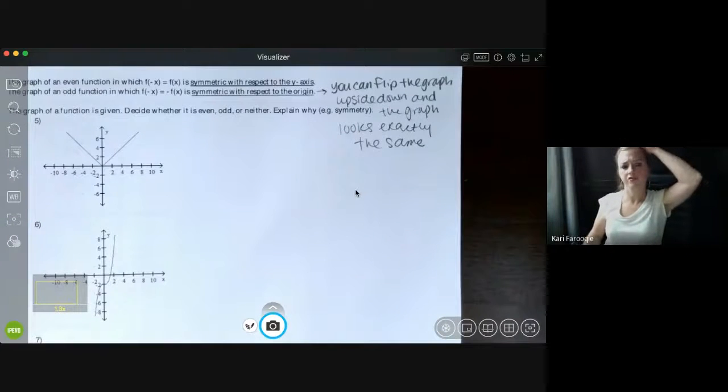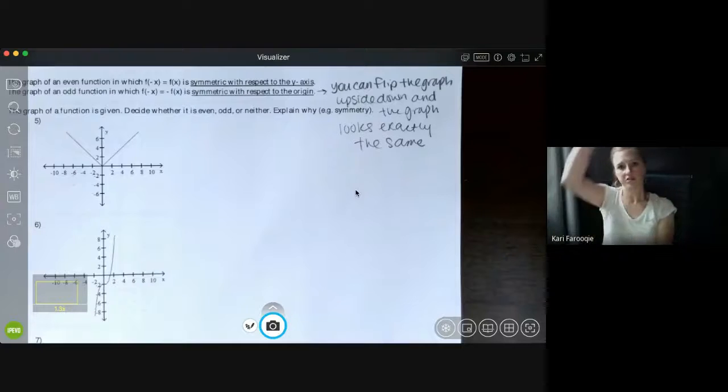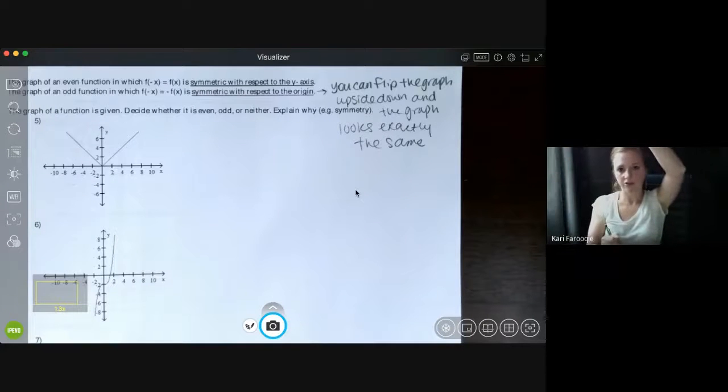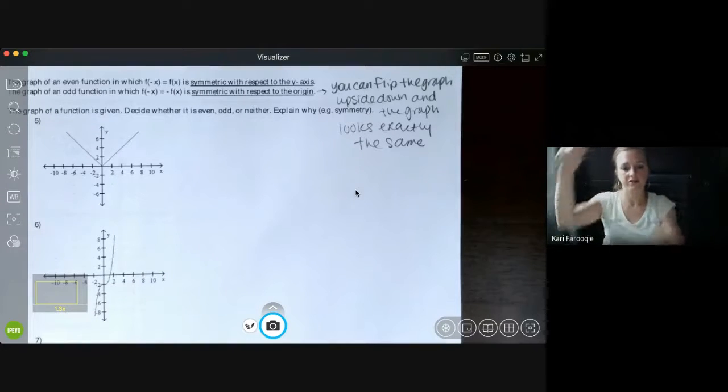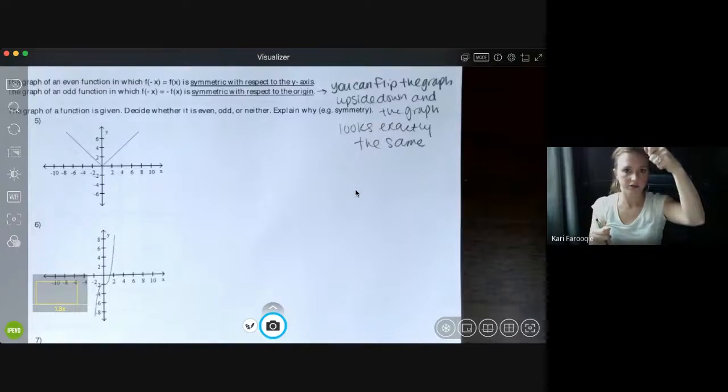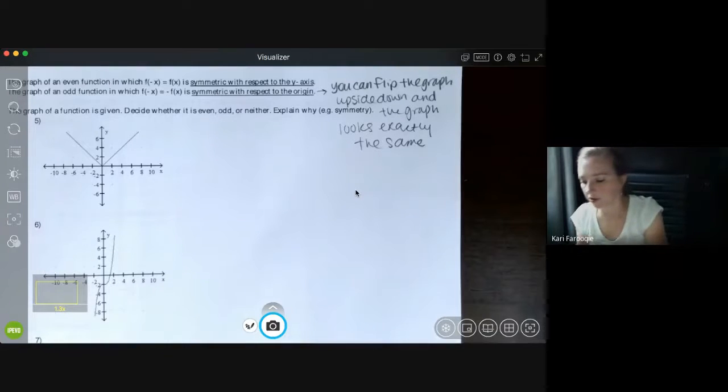That is origin symmetry. So sometimes you will be sitting there and you will literally just turn your paper upside down and see, does this graph look exactly the same? If it does, that's origin symmetry. We're looking at these visually.